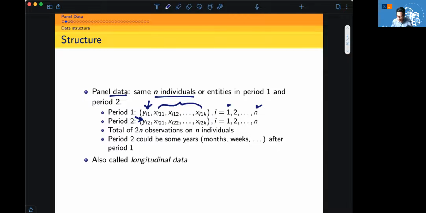Basically, you'll have a total of 2n observations of n individuals. The period could be years, months, weeks, or semesters, depending on the level of analysis. Panel data is also referred to as longitudinal data. If you hear panel data or longitudinal data, it's actually the same term.